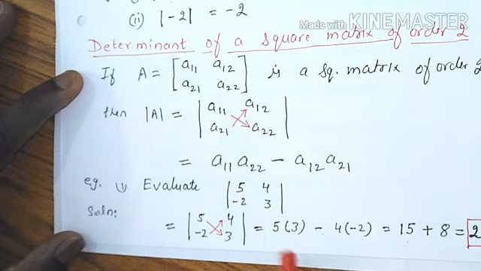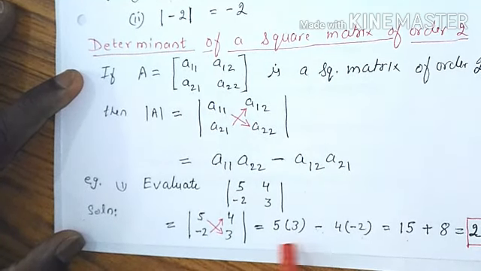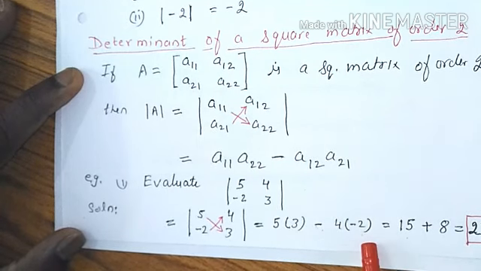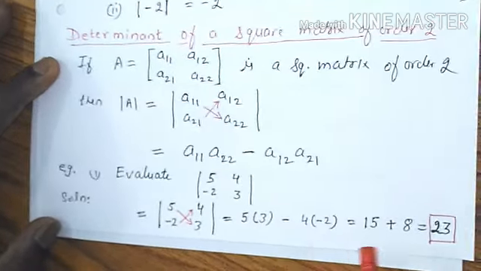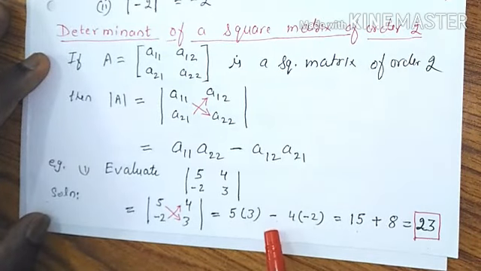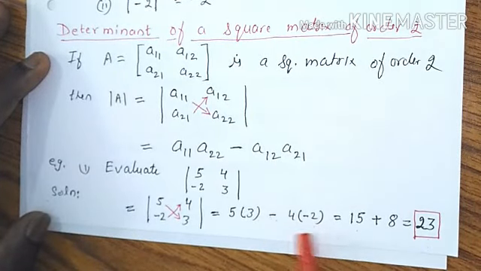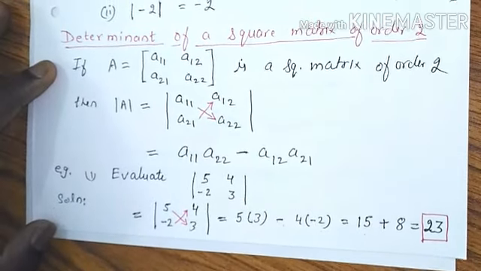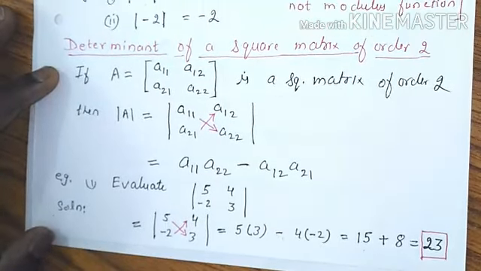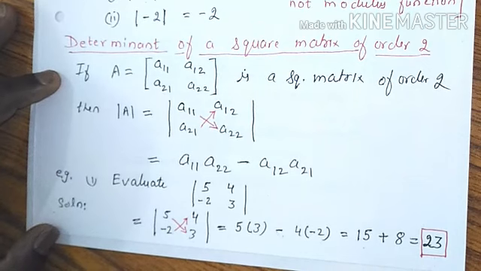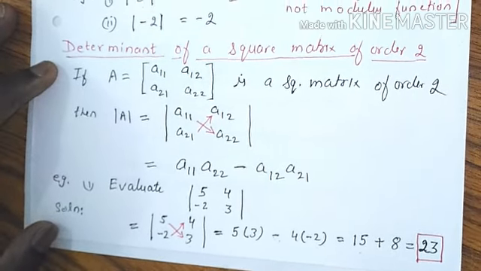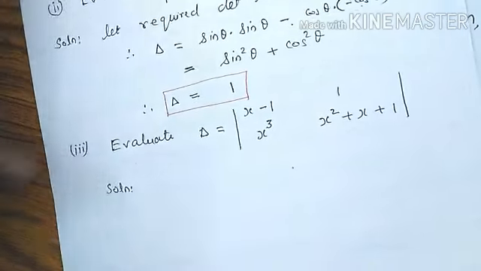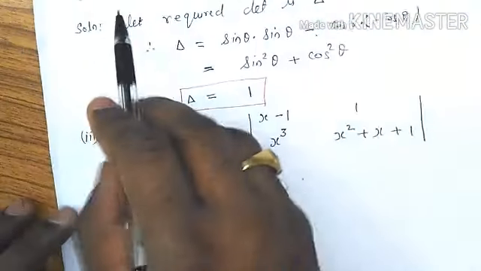So 5 into 3, the down arrow product, minus the up arrow product 4 into minus 2. 5 into 3 becomes 15, and minus into minus becomes plus, 4 into 2 is 8. So 15 plus 8 gives 23. So 23 is the required determinant of this matrix. I hope it is clear. We will take one more example to understand it in a better way.